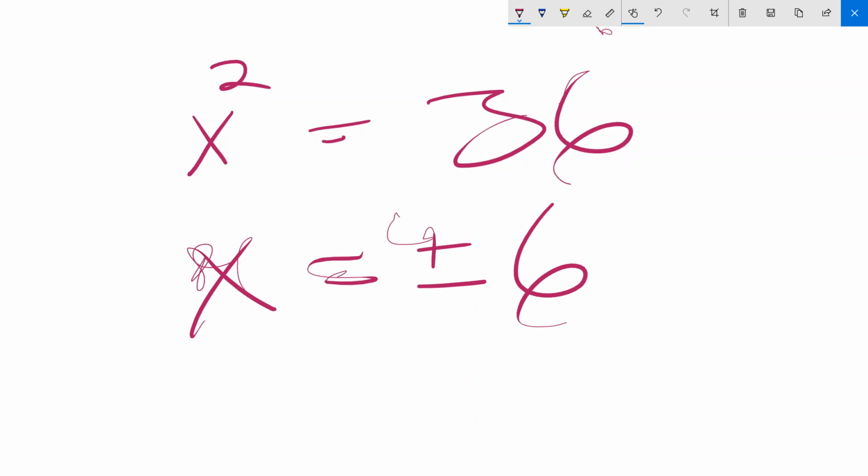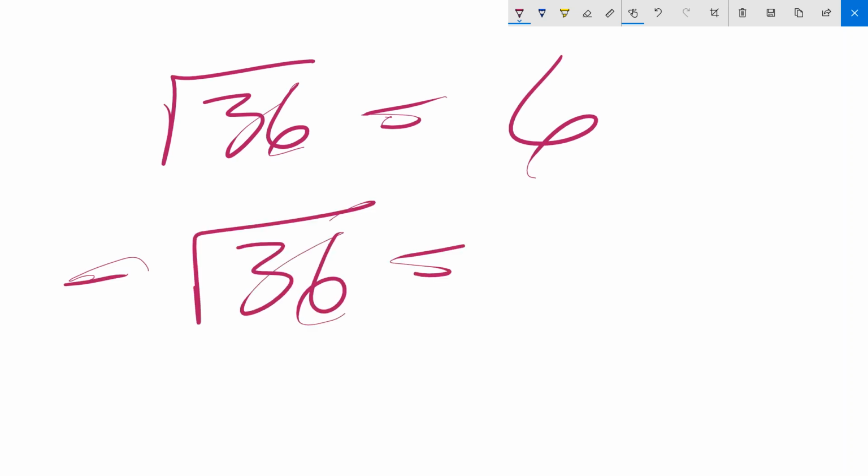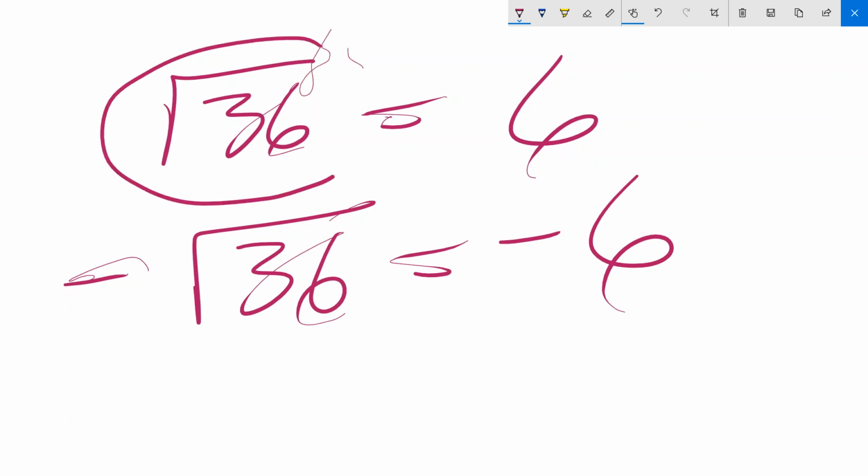Now, just so I don't confuse you, that means 6. That means minus 6. So in math, when we talk about that, we are assuming the positive. If we want the negative answer, we'll write it like this.